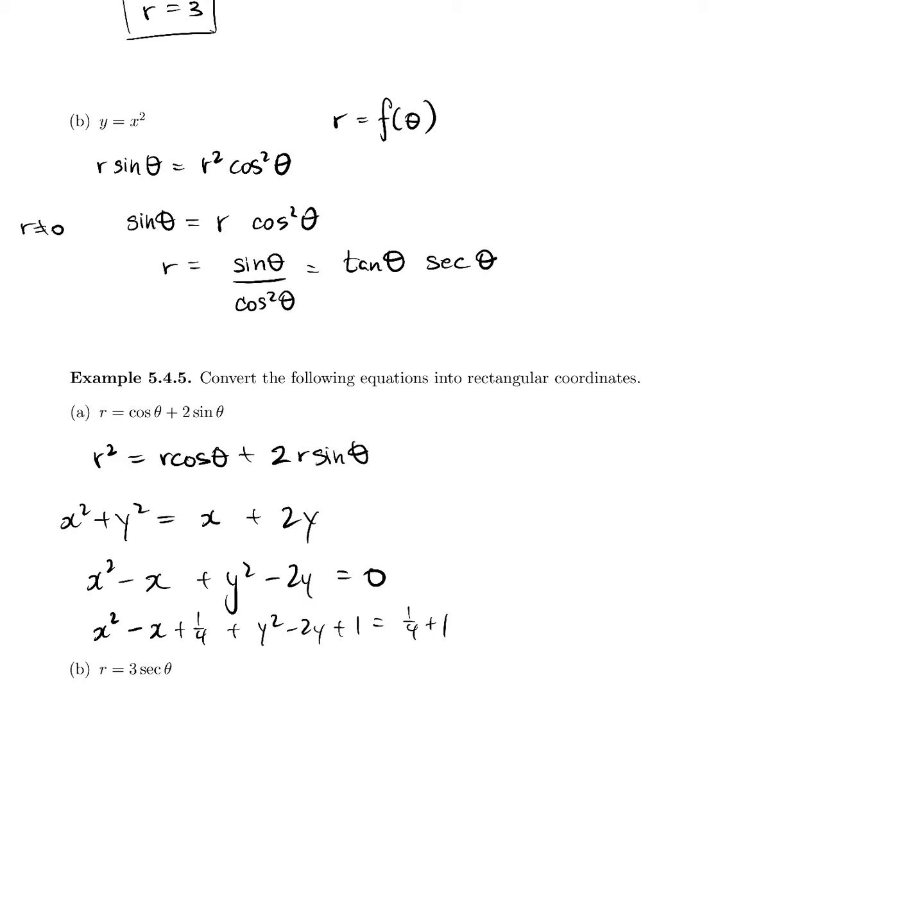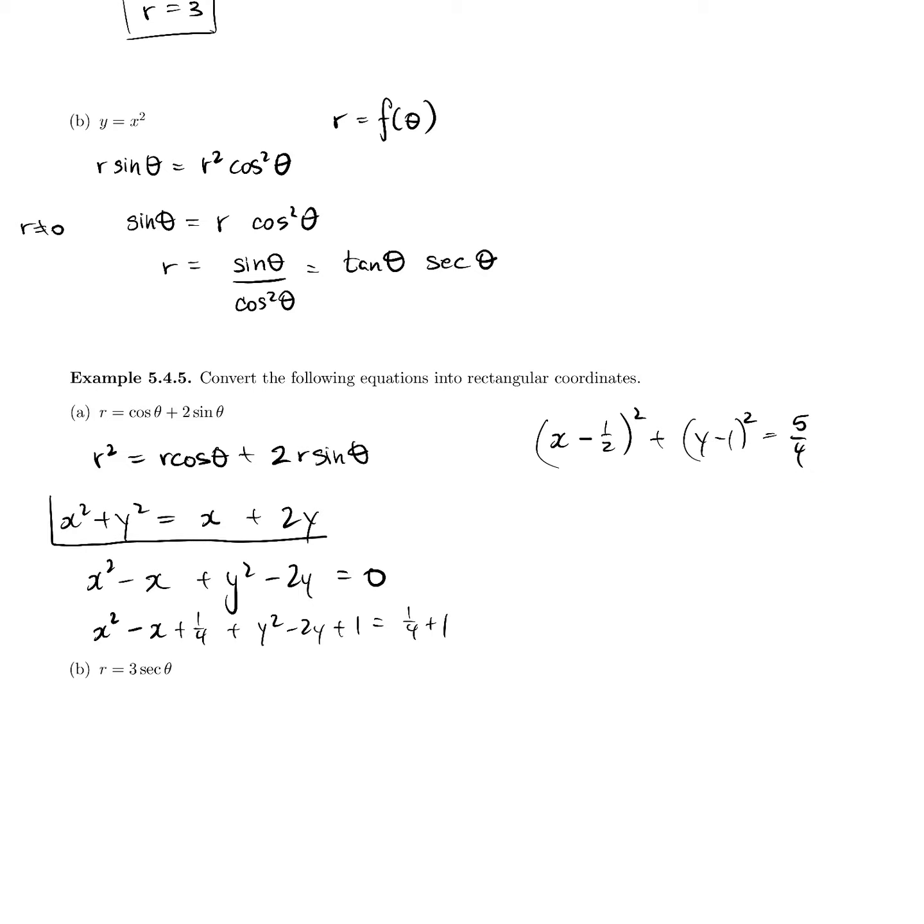Let's clean that up. That is going to be x minus 1/2 squared plus y minus 1 squared is 5 over 4. And so there we have a circle centered at (1/2, 1), and the radius of root 5 over 2. So I got carried away a little bit.